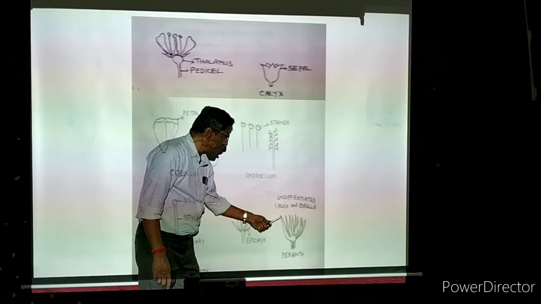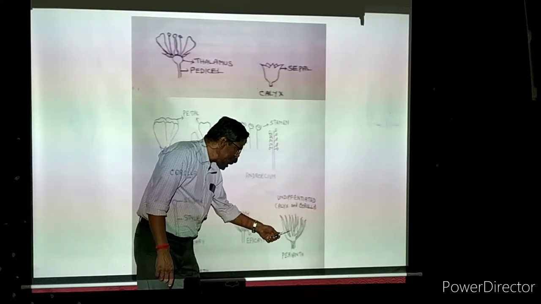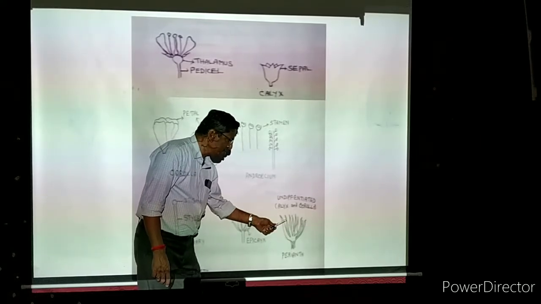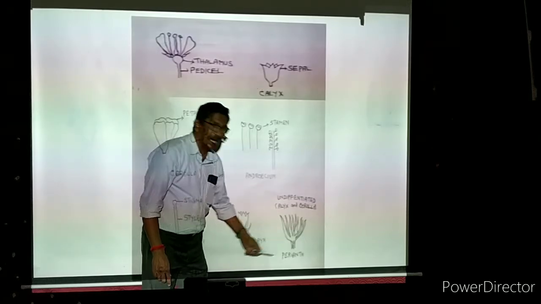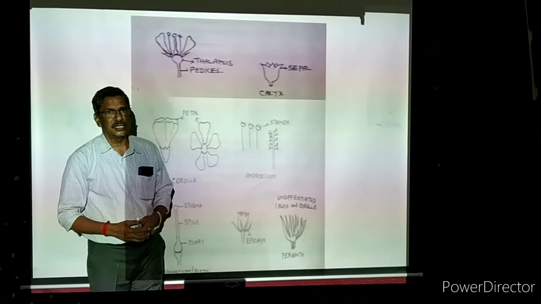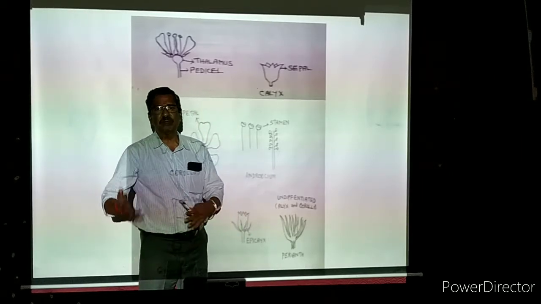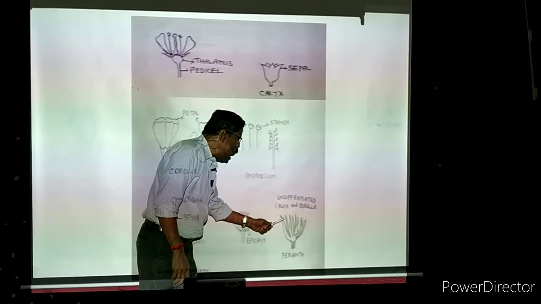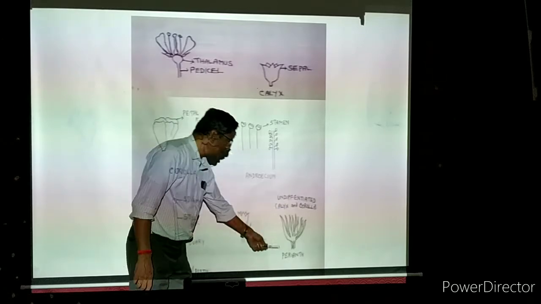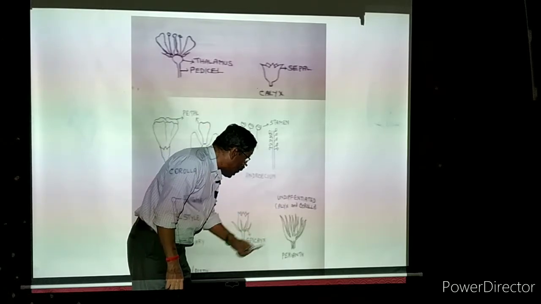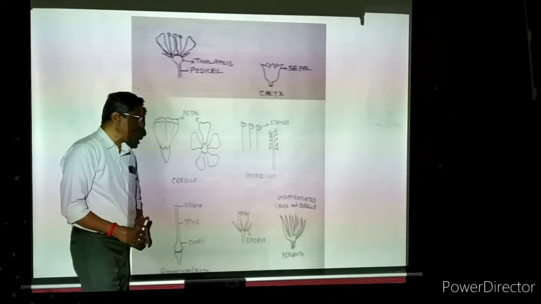Then inside that is the corolla, made of petals, but all look alike in length, shape, size and color. So we cannot say which is sepal and which is petal. Such undifferentiated calyx and corolla is called a perianth. Each lobe is called a tepal.